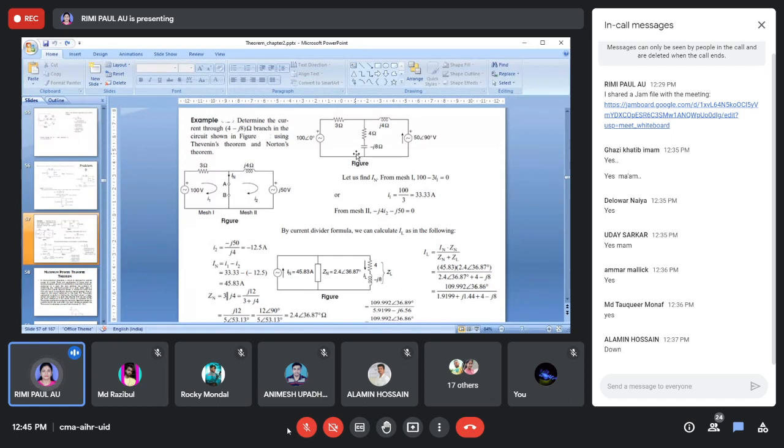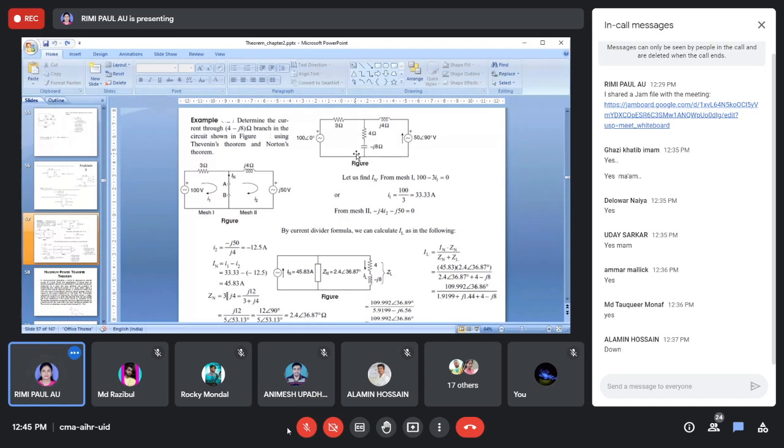So you will see that the IL which I got from Norton's equivalent circuit, and when I converted this Norton equivalent circuit to Thevenin's equivalent circuit, what is the IL? These two IL should be the same. First you will check this and show it in your copy.